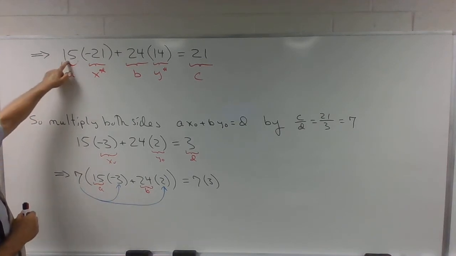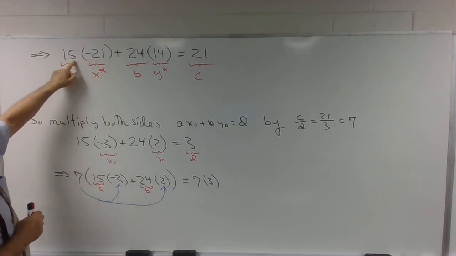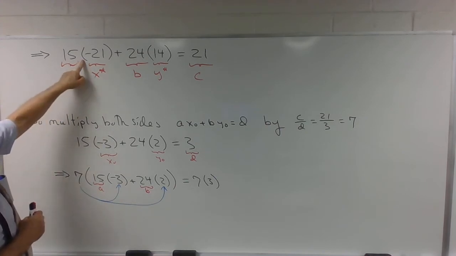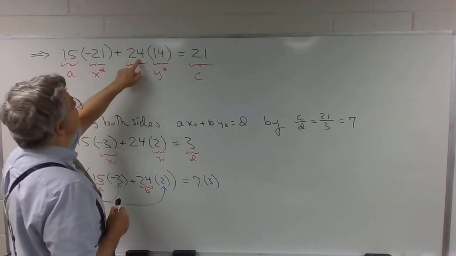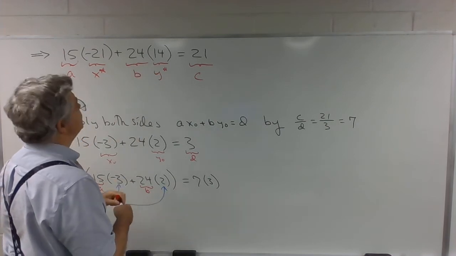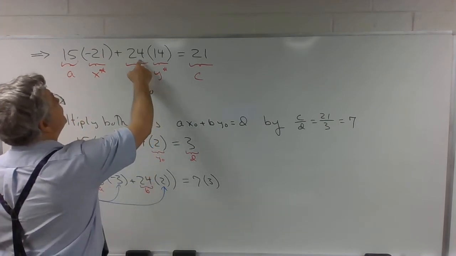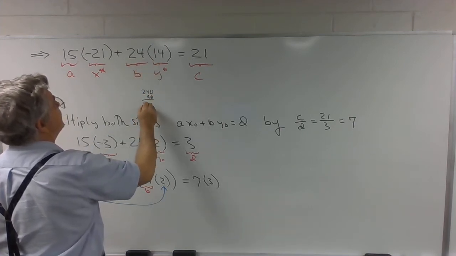Let's see, 15 times 20 is 300. And 15 times 1 is 15, so this is negative 315. Okay, 24 times 10 is 240. 24 times 4 is 96.